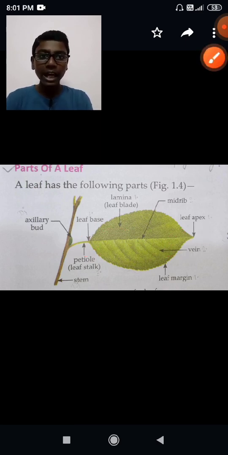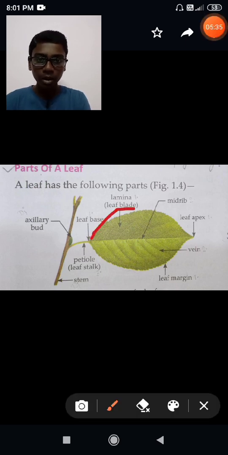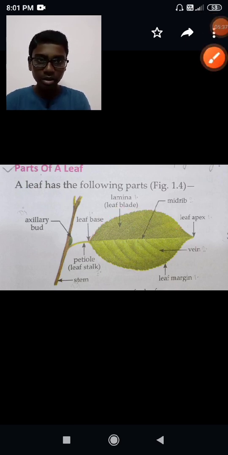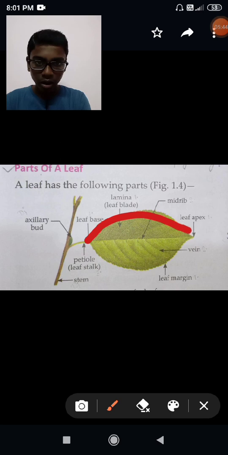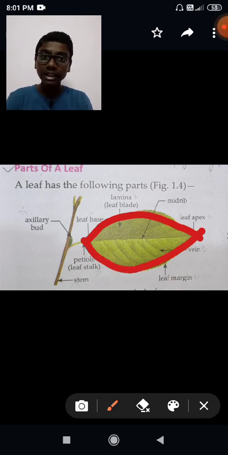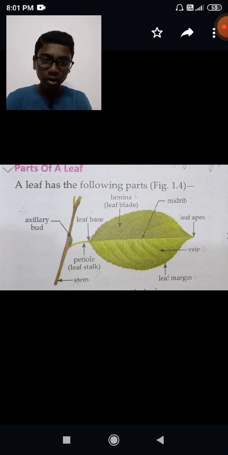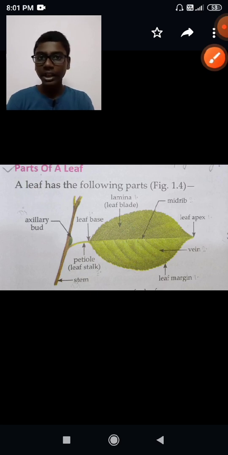And the outline of this, let me just increase the size a little. So this is the outline. The outline of the lamina, not the inner part, the boundary rather, the boundary of the lamina is known as the leaf margin. Okay, hope you have understood till here.